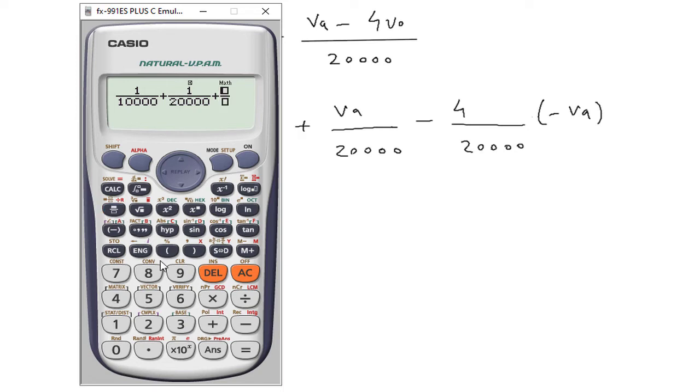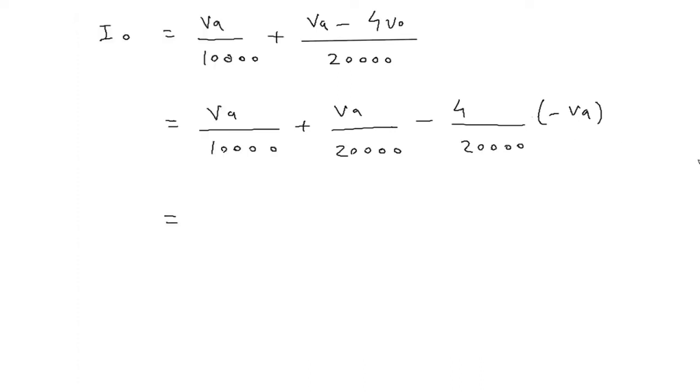So plus 4 divided by 20,000. So this is 7 divided by 20,000 VA. This is the value of IO.